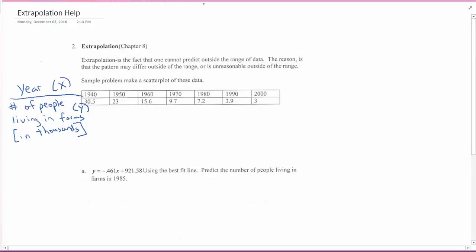the theory, if you will, is if I have a scatter diagram, and let's say, I don't know, this is years, and maybe number of cars on the road.